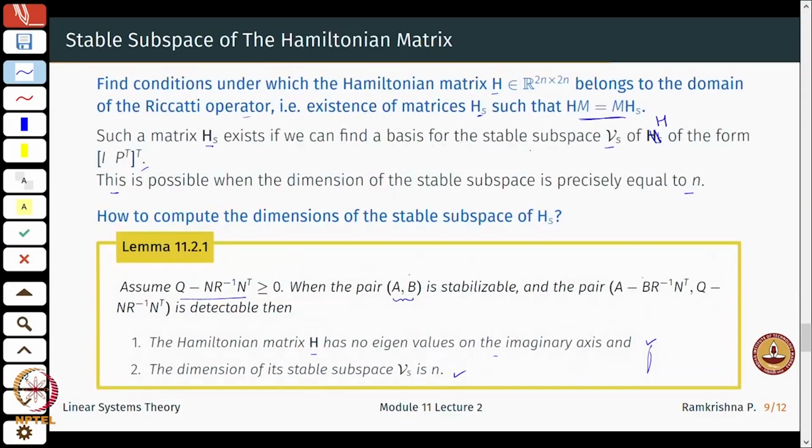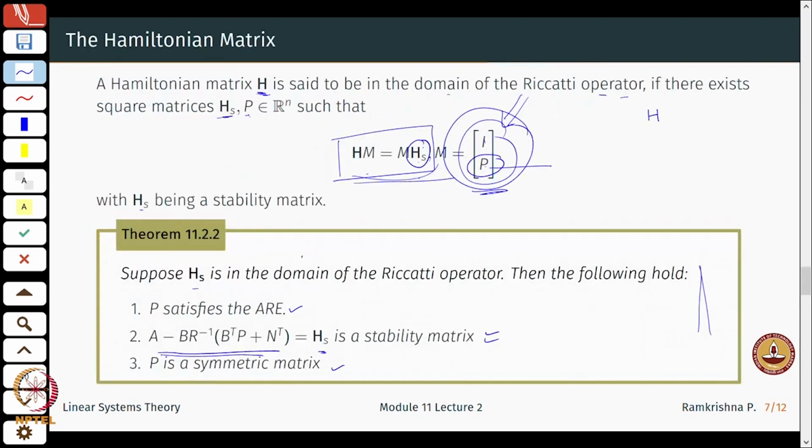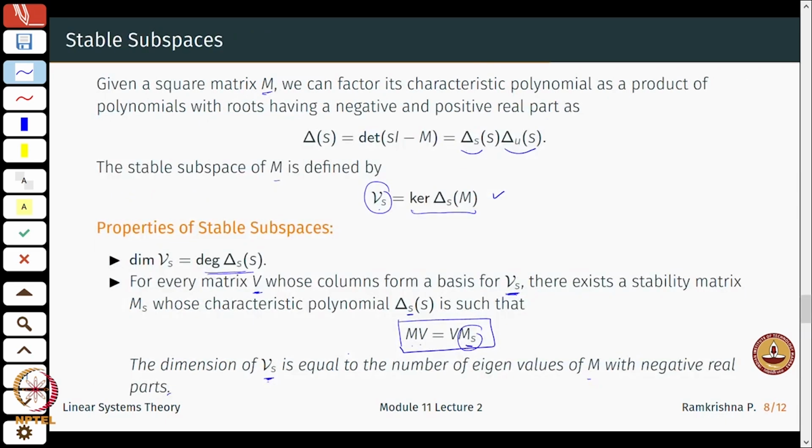Now, we construct the basis for the stable subspace in this way and show that there exists a stability matrix such that this holds, and therefore H belongs to the domain of the Ricatti operator. Once H belongs to the domain of the Ricatti operator, I know a bunch of things: that P satisfies the Ricatti equation, Hs is a stable matrix, P is symmetric, and so on.